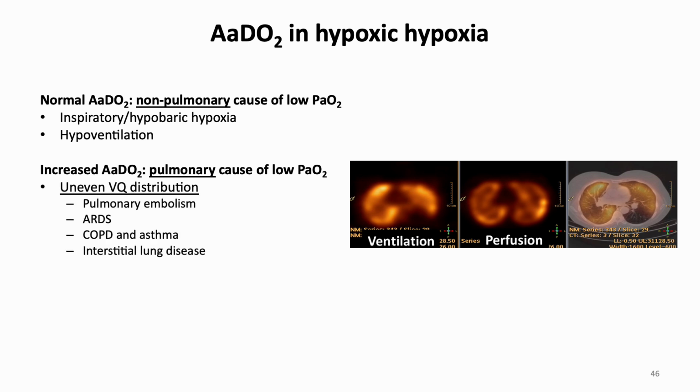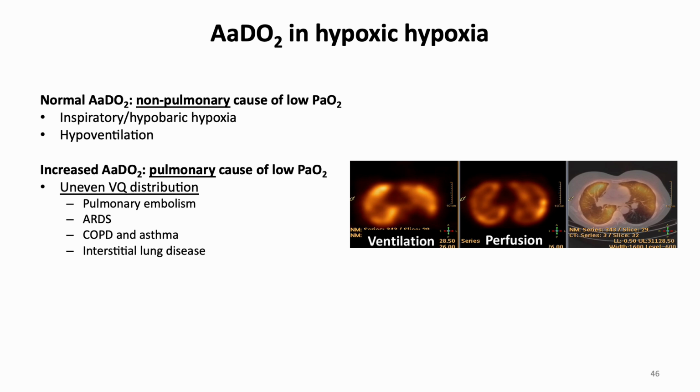So uneven ventilation perfusion distribution contributes to the ADO2 in the healthy state, and when the ventilation perfusion distribution becomes pathologically uneven, that's a very common cause of hypoxic hypoxia, and indeed it's the most common cause of impaired pulmonary gas exchange.